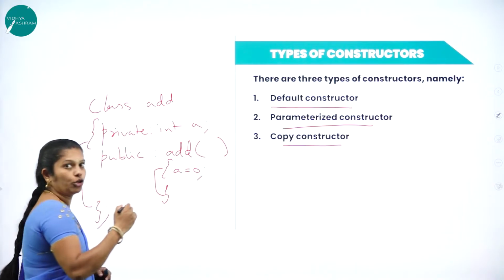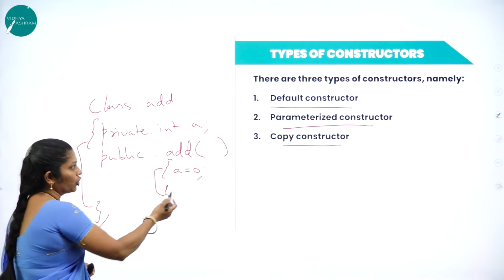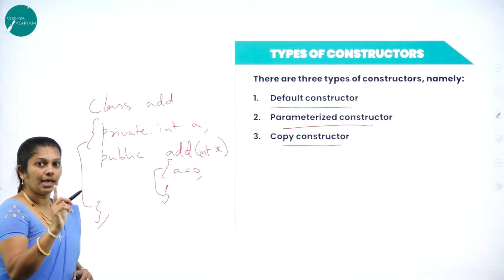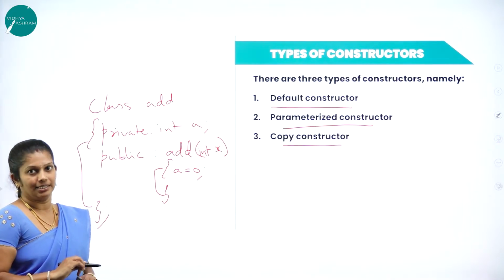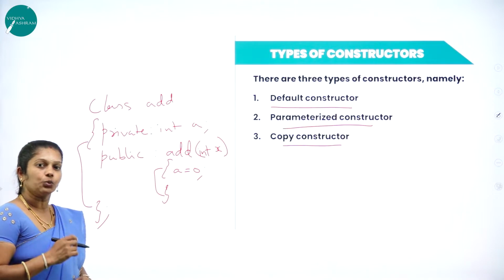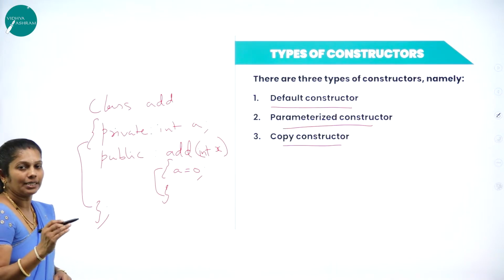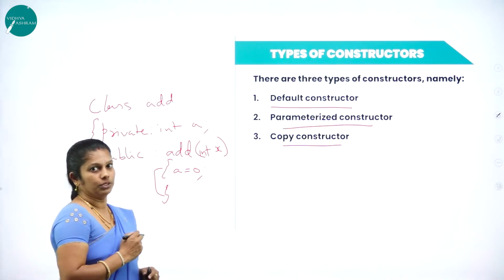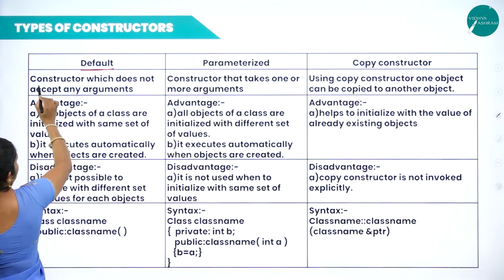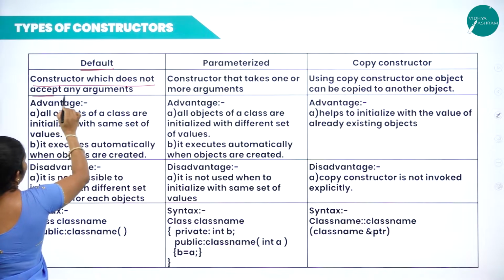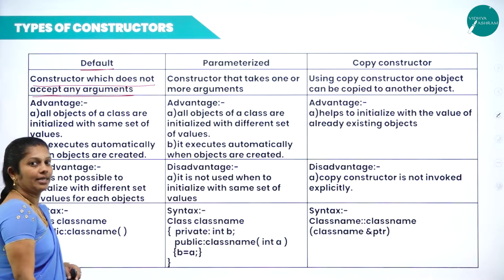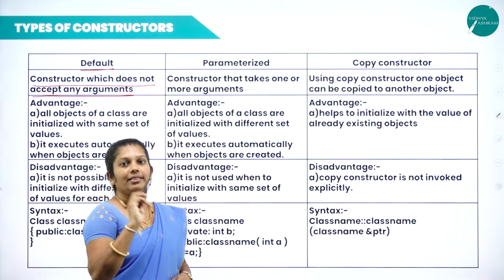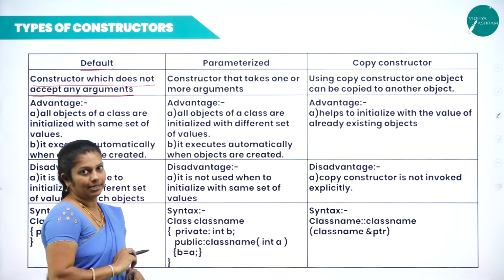Here, if you have arguments, for example, int x, then it can be called as parameterized constructor. And the last one, copy constructor, there we are using that copy constructor to copy from one existing object to another object. Whereas a default constructor is a constructor which does not accept any arguments. It means that it does not contain any arguments, any values. Then it can be called as default constructor.